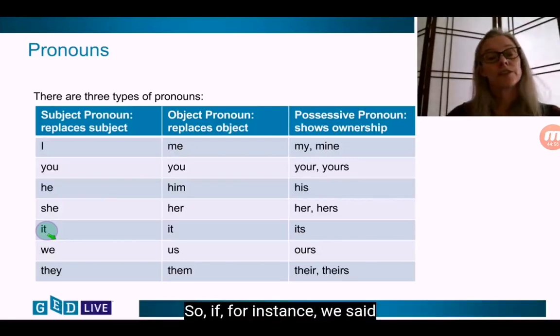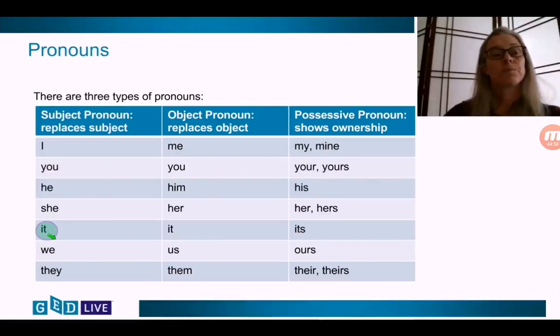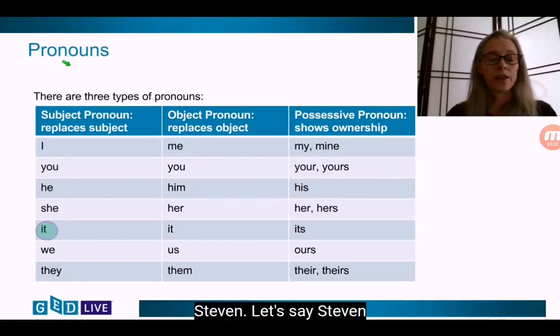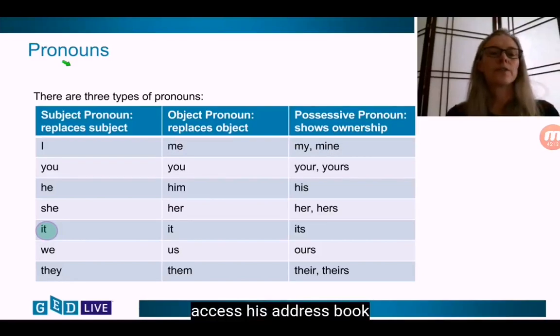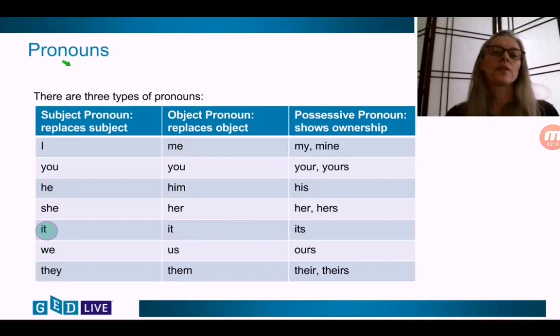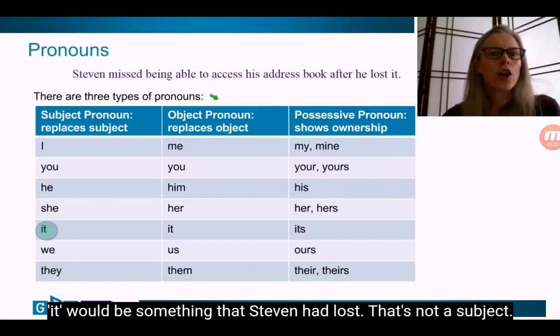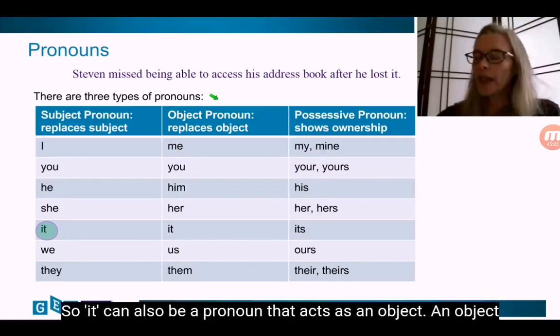So if, for instance, we said, Stephen missed being able to access his address book after he lost it, right? Then it would be something that Stephen had lost. That's not a subject.